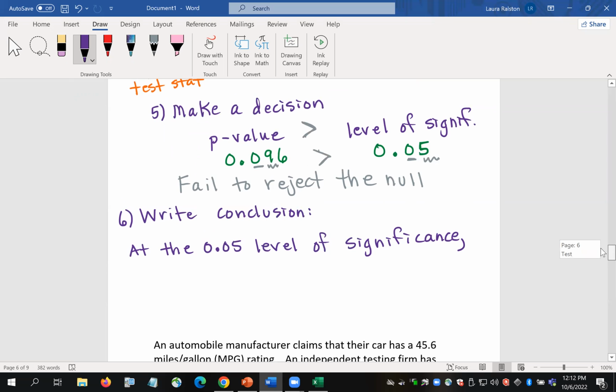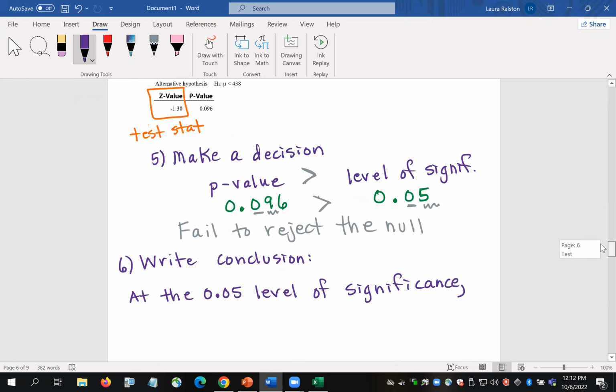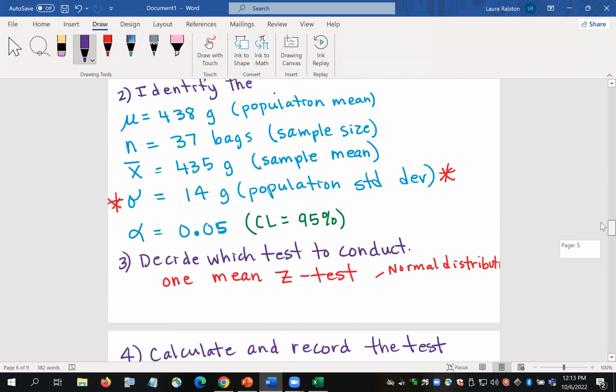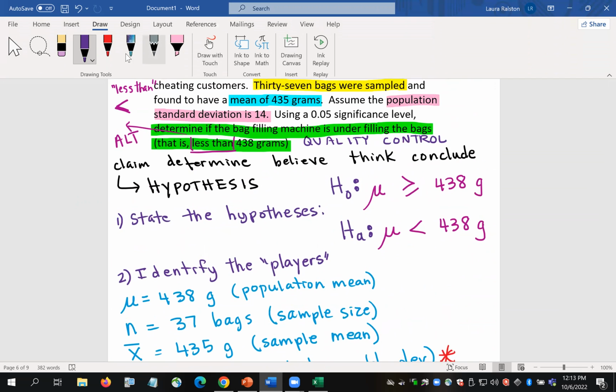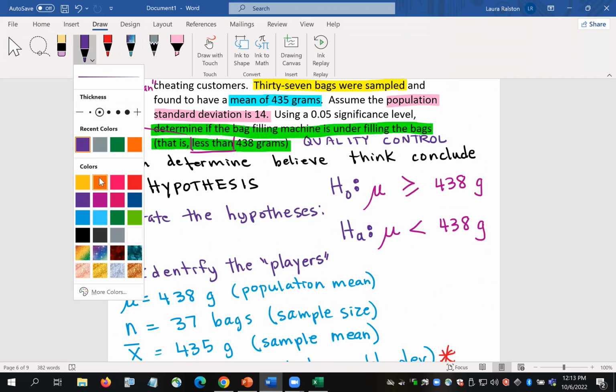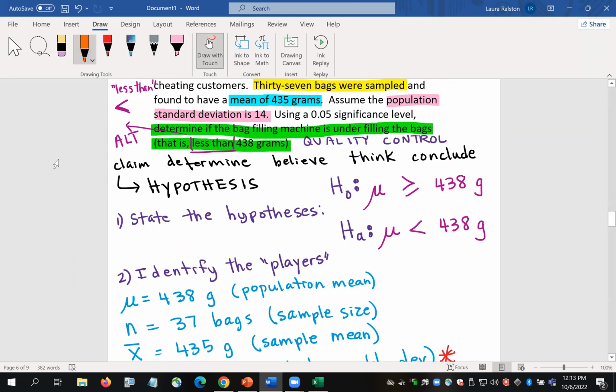So we have, based on the evidence we have failed to reject the null. So if I come back up here to the top and I have said I'm going to fail to reject the null.